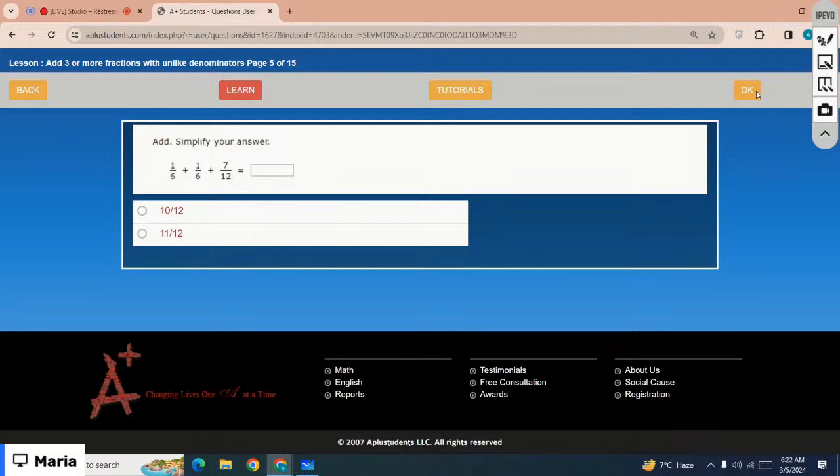1 by 6 plus 1 by 6 plus 7 over 12. So which is the correct option?